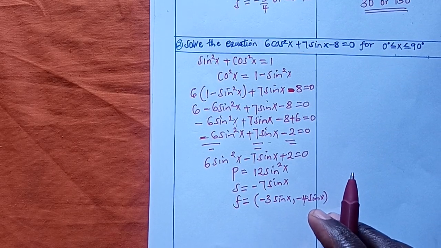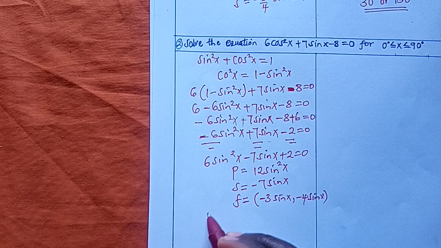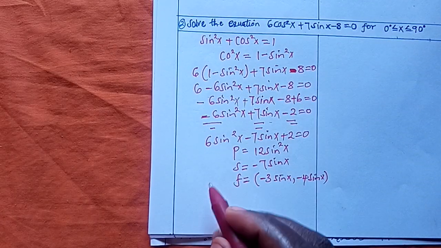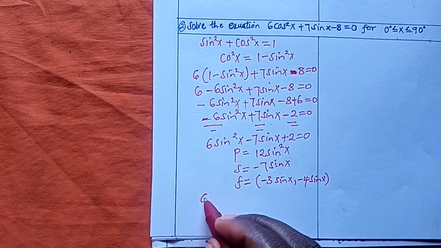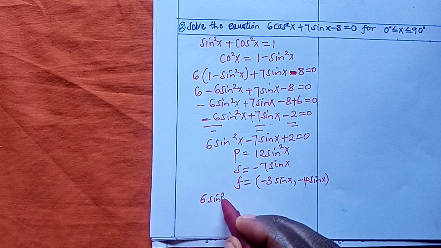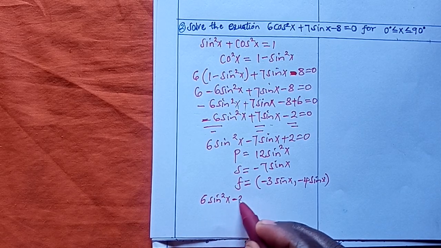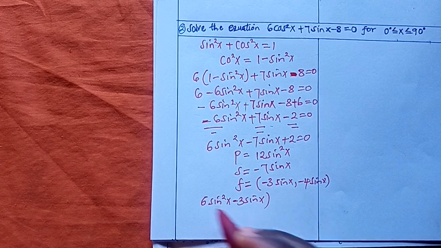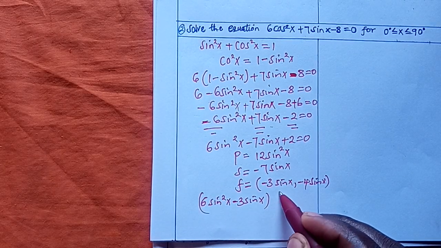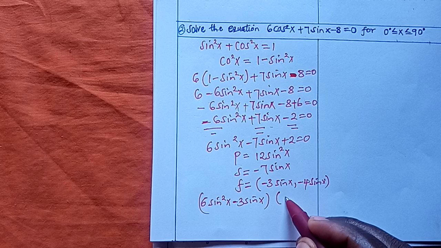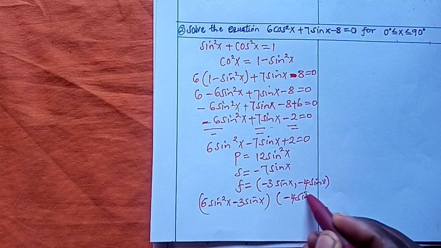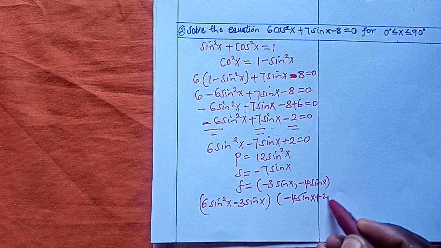When you add them they will give you the sum. We go ahead and say that 6 sine squared x minus 3 sine x, we close the bracket, we open another one and say that negative 4 sine x plus 2.